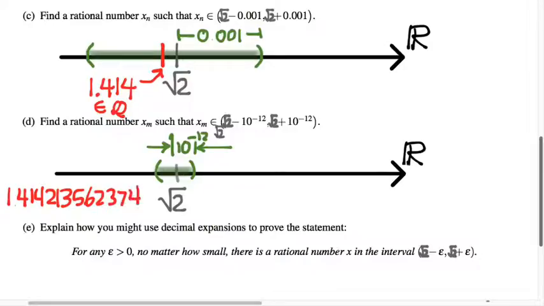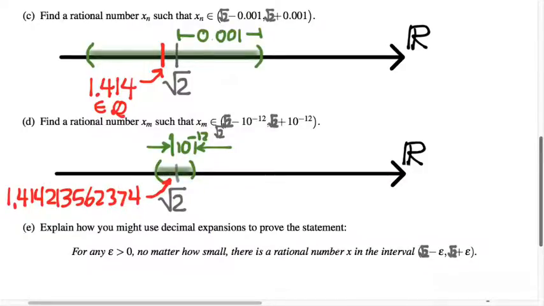213,562,374. And was that less than the square root of 2 or greater than? Sorry, what were the last couple digits? 374. So you rounded that one up? Is that what happened? Okay. So yeah, it's not less than the square root of 2.